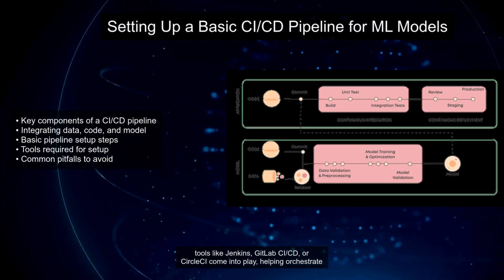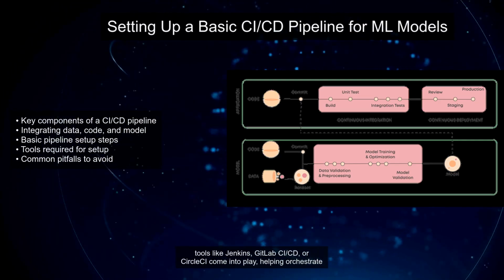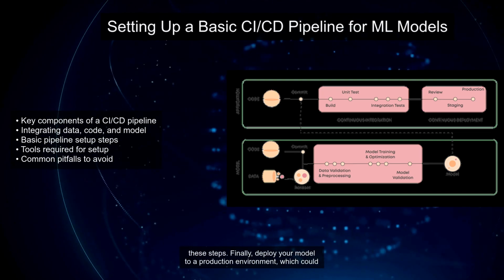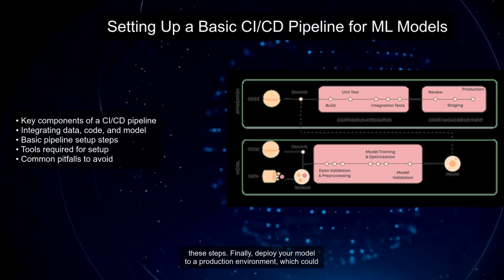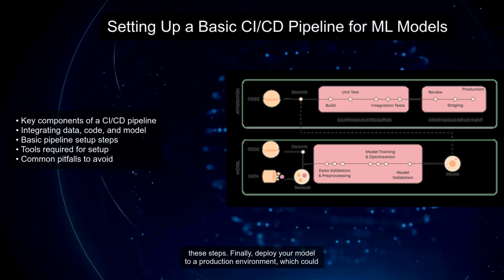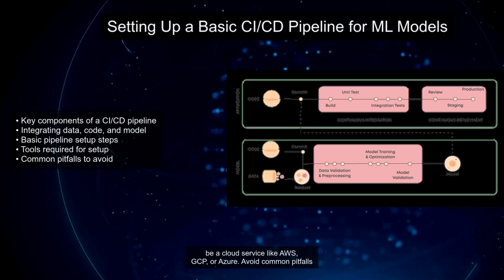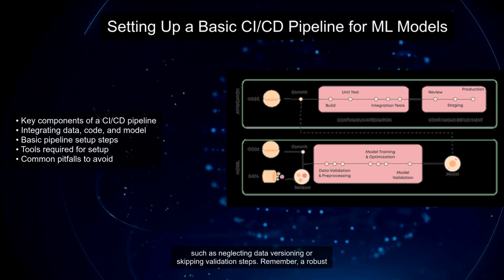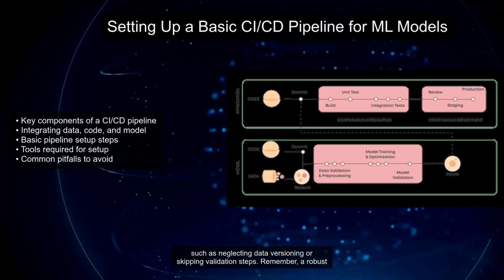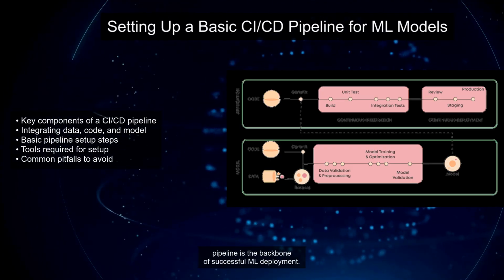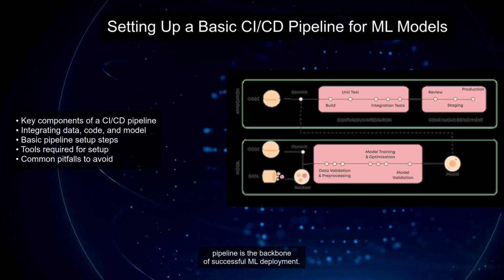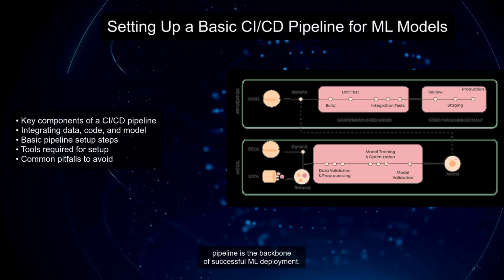This is where tools like Jenkins, GitLab CI/CD, or CircleCI come into play, helping orchestrate these steps. Finally, deploy your model to a production environment, which could be a cloud service like AWS, GCP, or Azure. Avoid common pitfalls such as neglecting data versioning or skipping validation steps. Remember, a robust pipeline is the backbone of successful ML deployment.